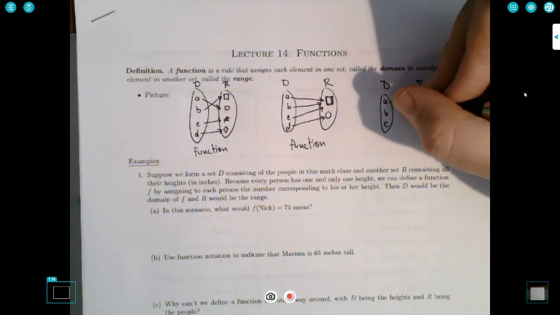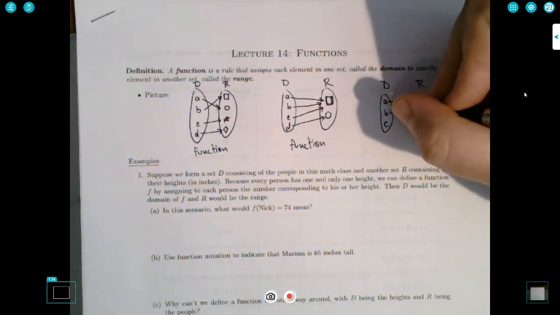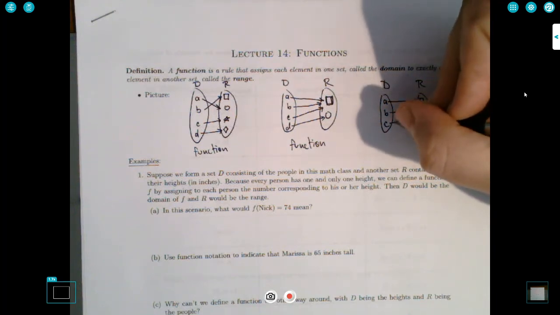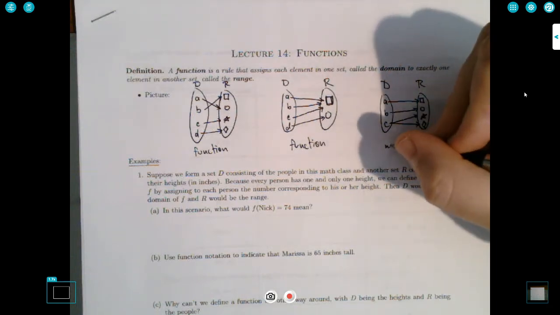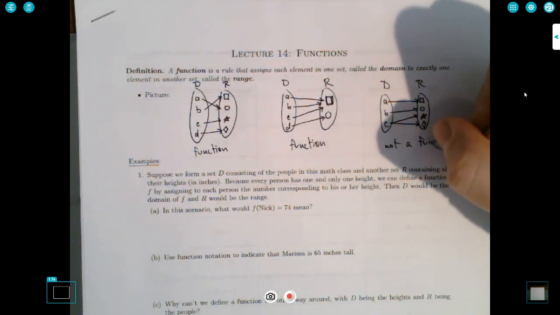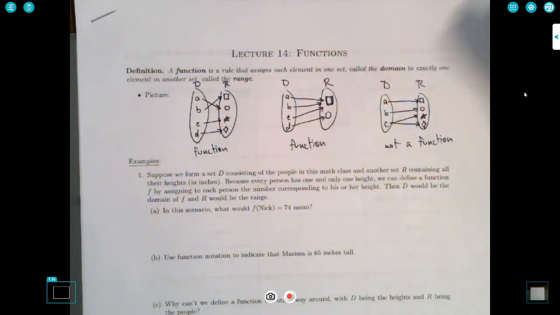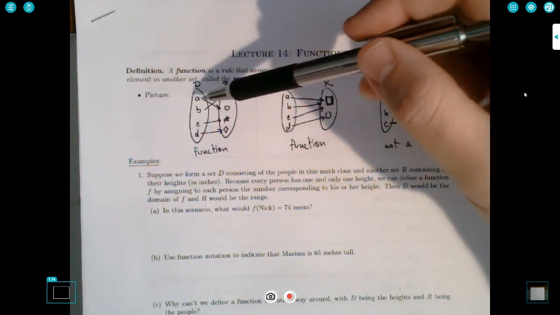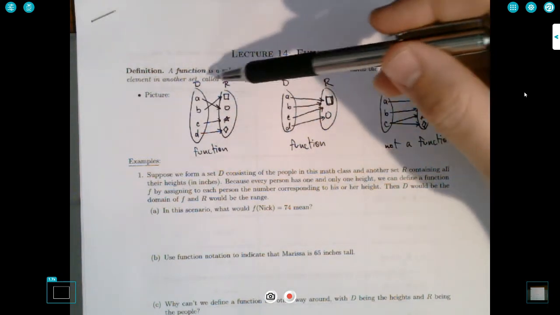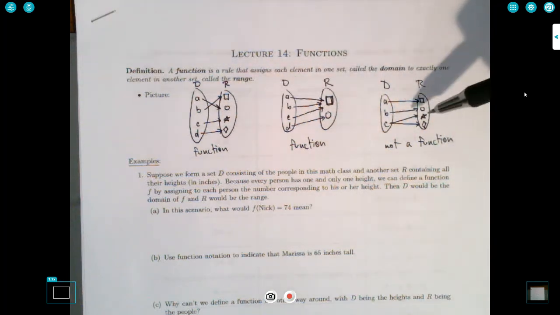If you had A going to the square, and B going to the circle, and then C going to both the star and the diamond, that's not a function. So really the only requirement is that it has to be a map. All of the domain elements need to get mapped somewhere, and they can only be mapped to one place, not to multiple places. Okay, so that's what makes a function.